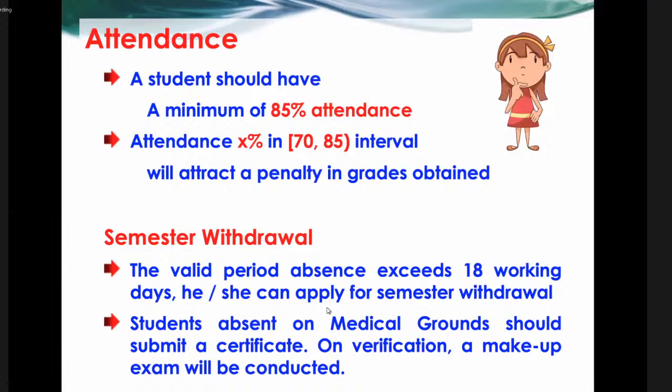If you are getting less than 85% and 70% or above, it is a half open interval, so if your attendance falls in this range, your grade will be penalized. The penalty will be 1 grade, right? So if you are getting an A grade, you will be given a B grade. That is the penalty for not attending the class.